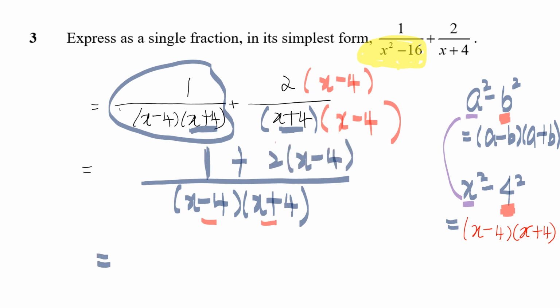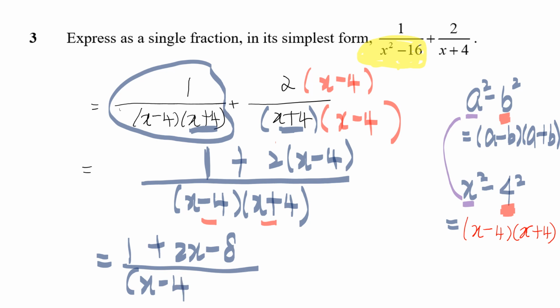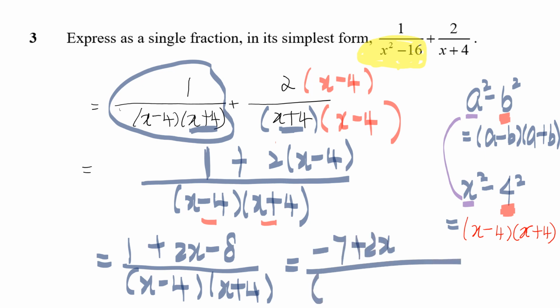Right, expand it. 2x minus 2 times 4 is 8. And then 1 minus 8 is negative 7. So this is how you solve it. There's no need to expand your denominator. That's how you do it.